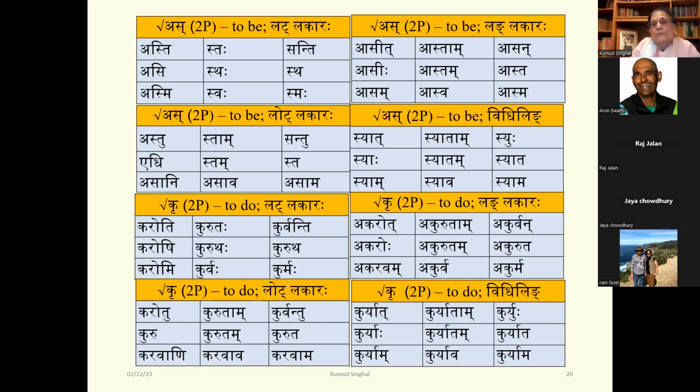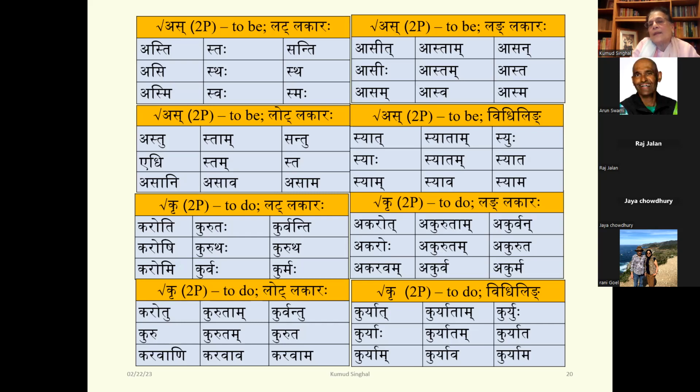Up to when is this course going to go? So verbs, 2 more classes. Then I have only 1 topic left, which is the krit pratyayas, and I think it will take 2 to 3 classes.